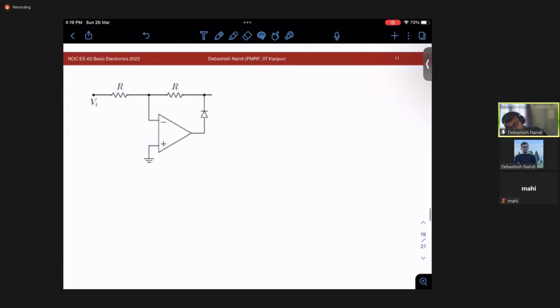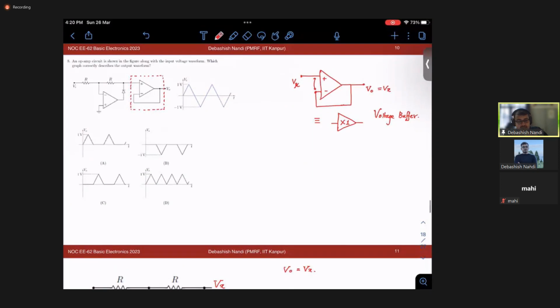So if I know my Vx, I know that my V out will simply be Vx, right? That we have seen from the last page analysis. So now what is the input waveform? Input waveform is the same triangular waveform, right? 50% symmetry, triangular waveform.